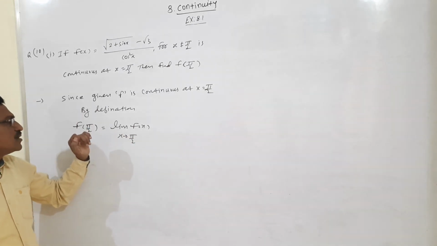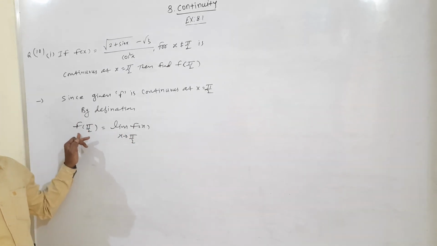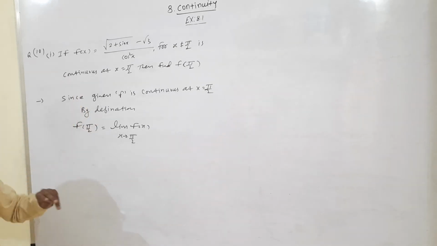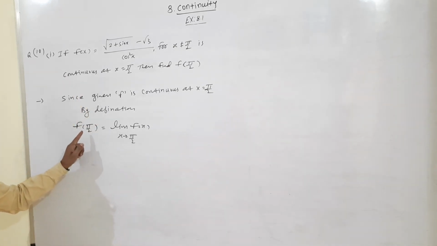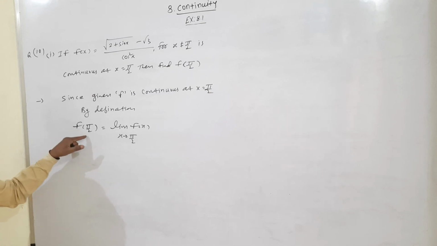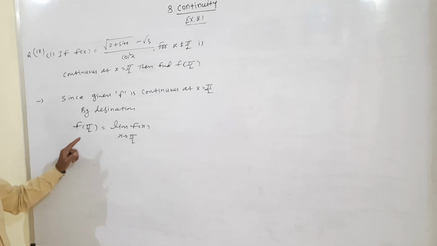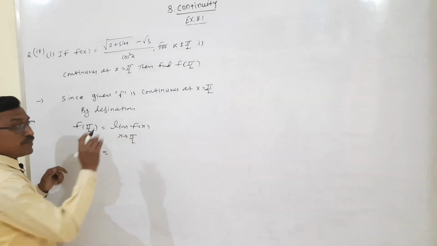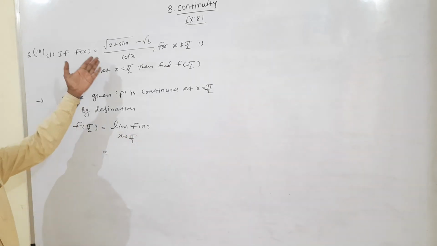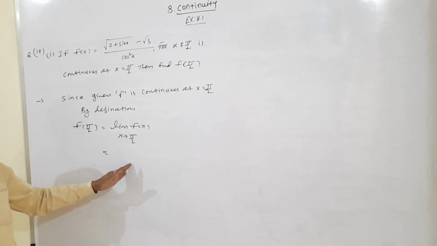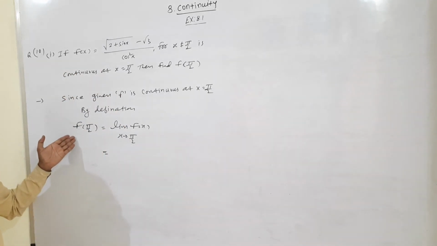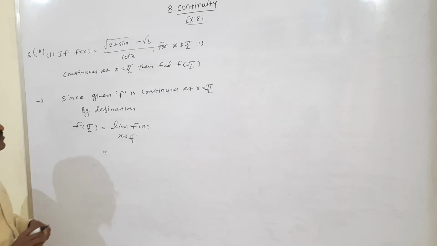Already the given function is continuous at pi by 2, so we apply the limit to this function on both sides. The value of the limit of this function is nothing but f of pi by 2.